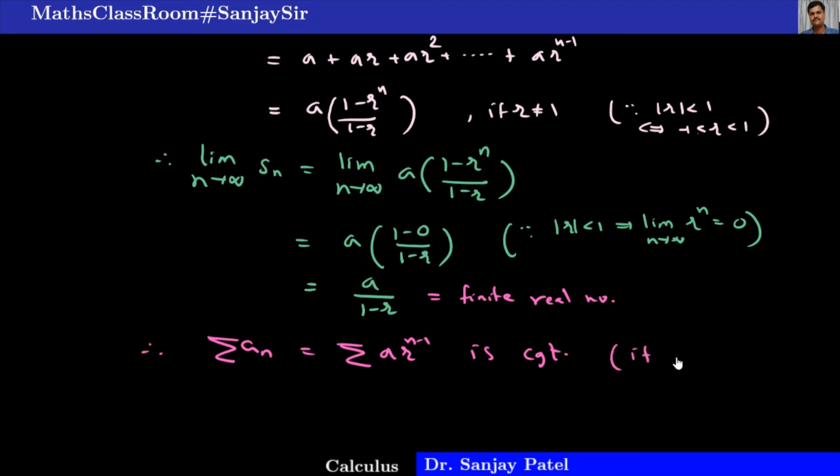Okay, but the condition is that the ratio r satisfies this rule, that is minus 1 less than r less than plus 1, that is the number r belongs to the open interval minus 1 to plus 1. And also in this case, we can write the sum of the series sigma a into r raised to n minus 1, for n equal to 1 to infinity, as a upon 1 minus r, which is the limit of Sn.